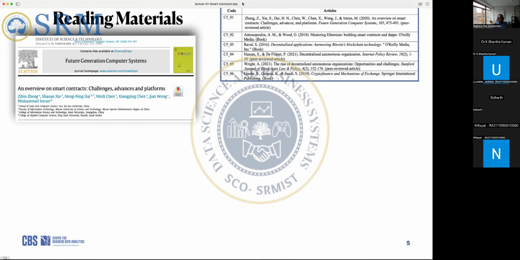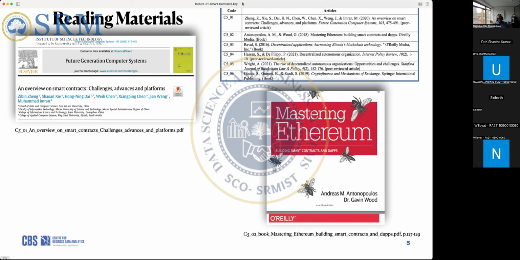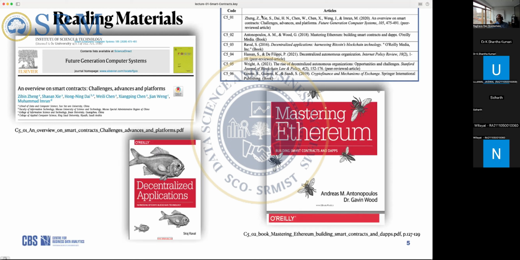Again, the reading materials. We use two books. One is Mastering Ethereum: Building Smart Contracts and DApps. It is a very practical book, focused on developing smart contracts and programming using Ethereum. Then we follow some research papers, for example the overview of smart contracts, challenges and platforms, a very good paper from Future Generation Computer Systems, a popular journal.